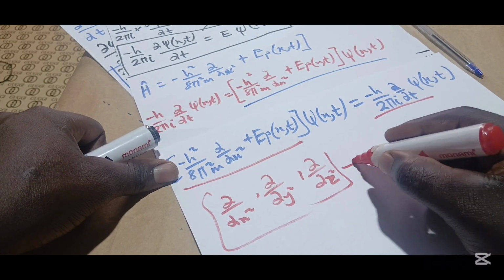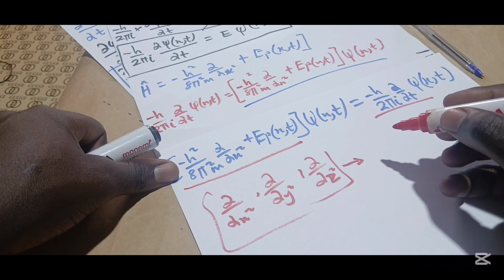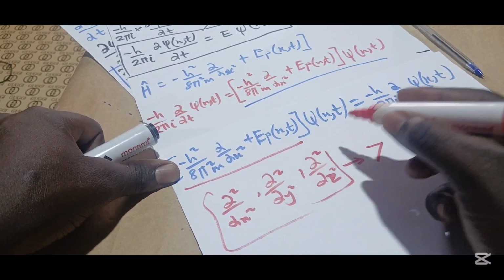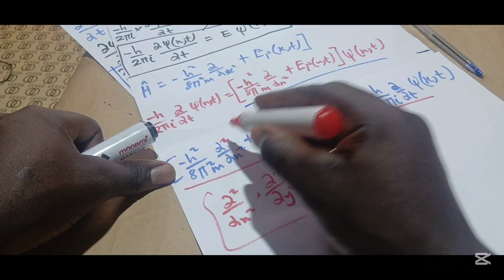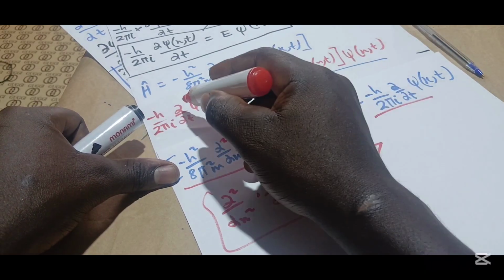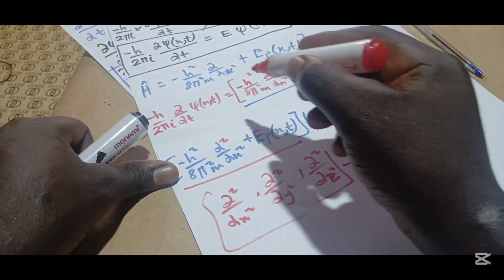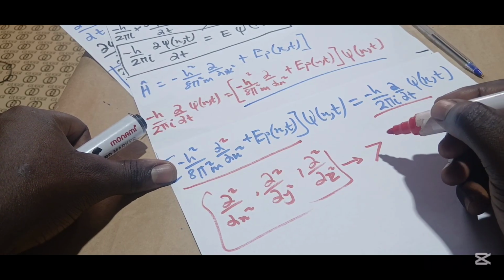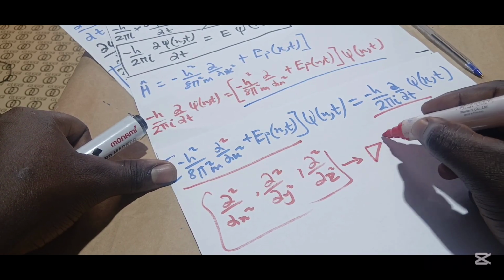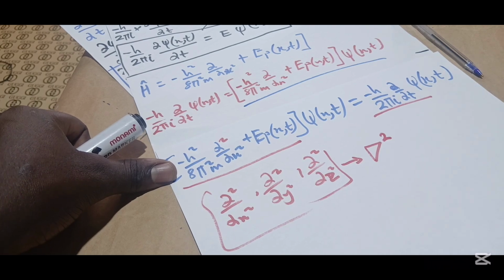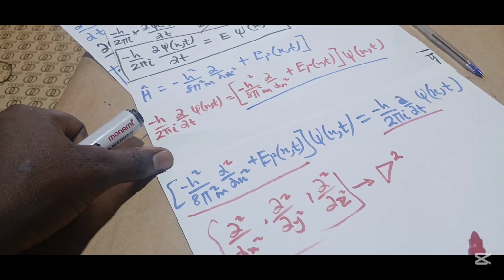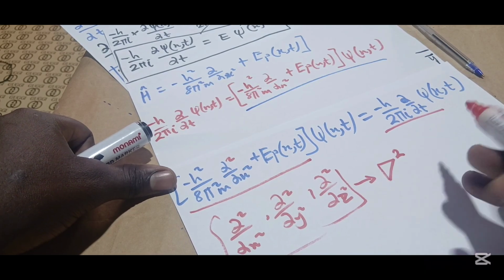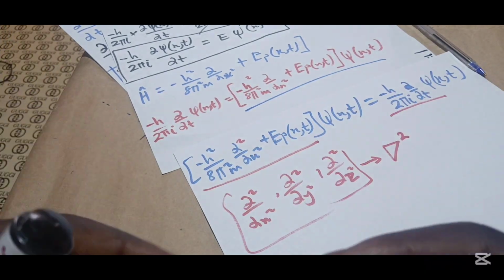So we represent this whole term by the Laplacian operator. Don't forget to square this term. So we are going to represent this whole term here by this. Now let's rewrite our equation again.